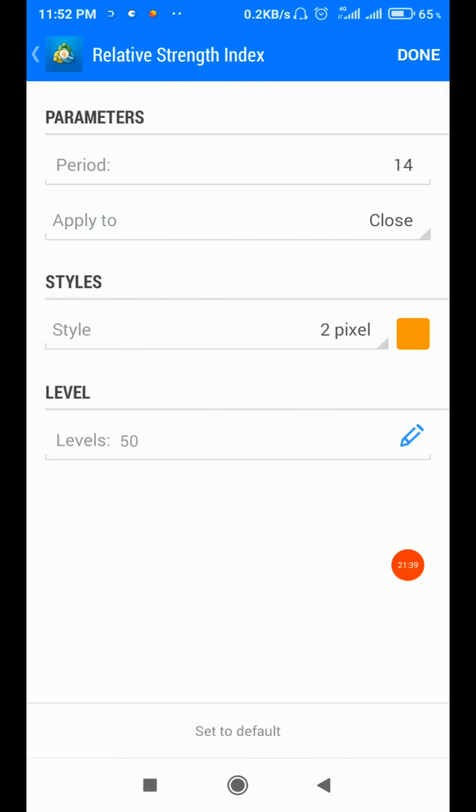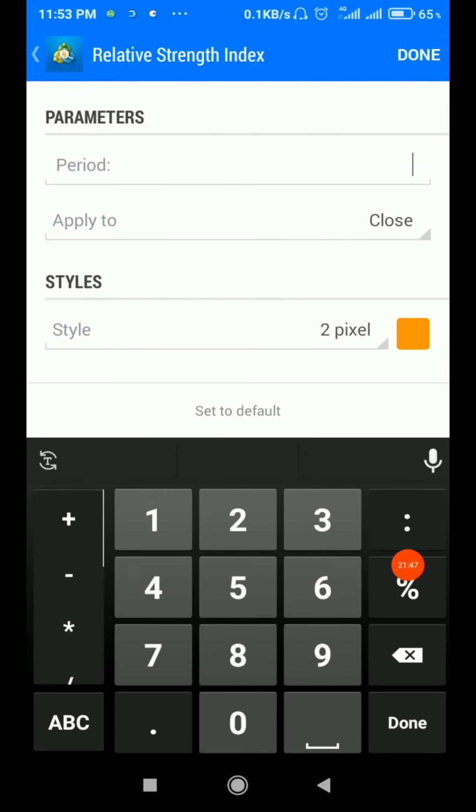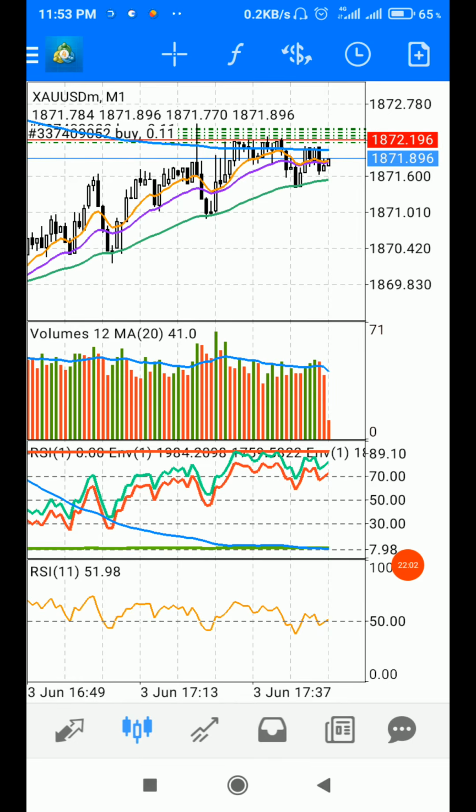Here the RSI is 14 close. You can change the period. If I take it to 13 or 11 period, then you can see like this. You can also keep this 11 period, it looks great.